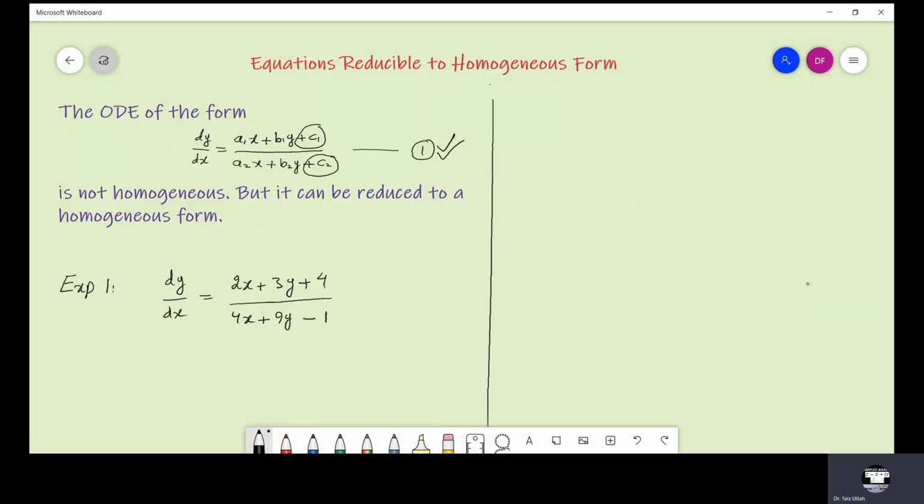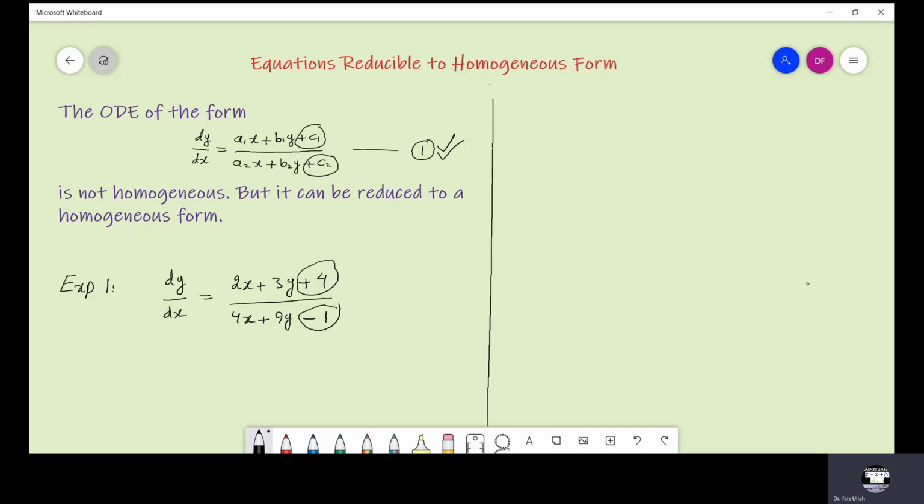This equation is not homogeneous, but it is of the form 1. So we can reduce this equation to the homogeneous form. By the form 1, we mean there is a constant plus 4 like C1 and a constant minus 1 like C2. So if we don't have these two constants, the remaining is homogeneous. So this equation is of the form 1.